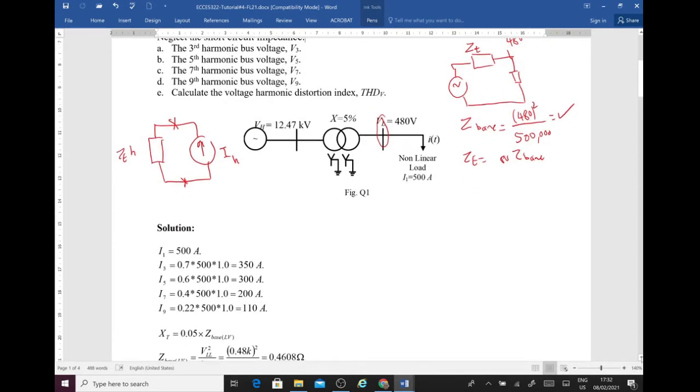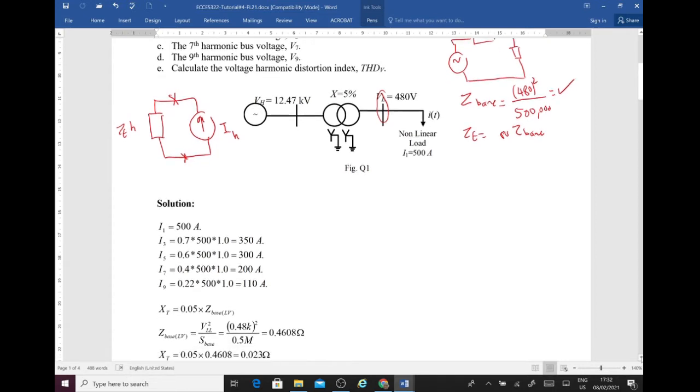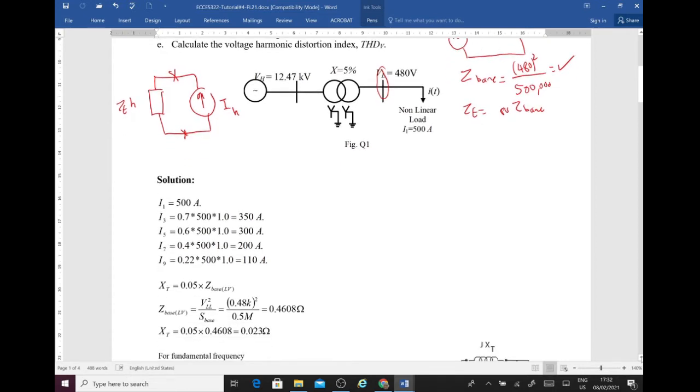So this is the fundamental current, the third is 70%, and so on. And this is the Z base of the transformer.